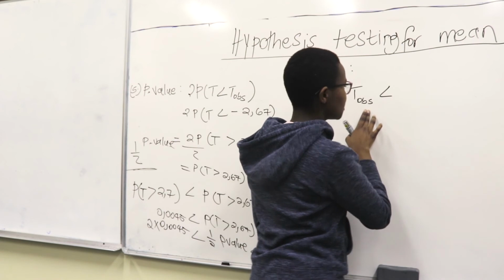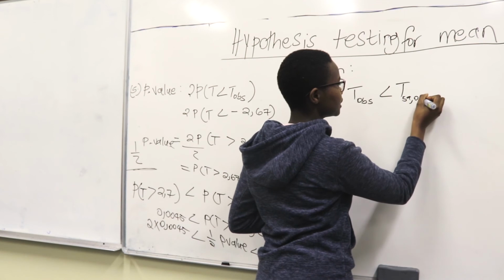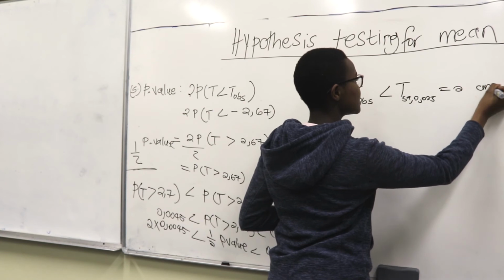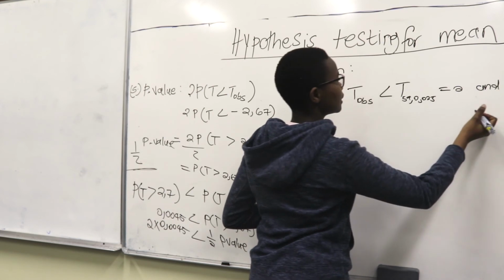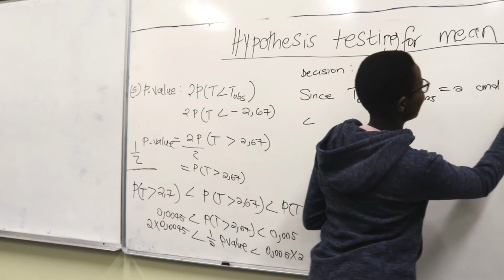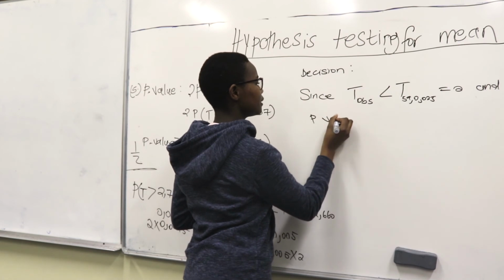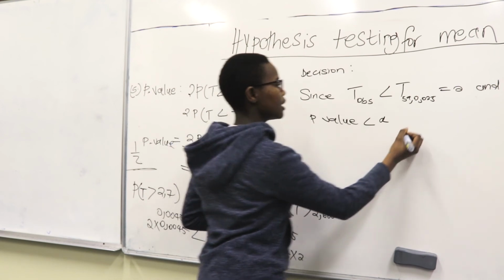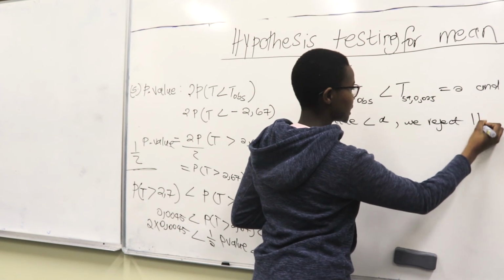Since t observed is less than t 59, 0.025, which is equal to negative 2, and our p-value is less than alpha, we reject H naught.